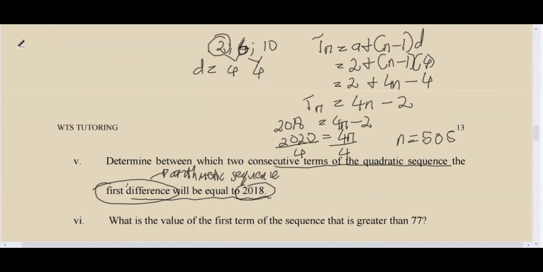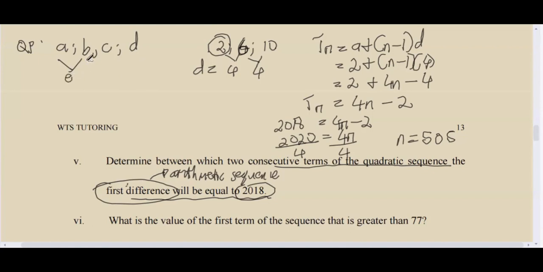If we have the quadratic pattern here, let's say it's A, B, C, and D, right? Now, we do understand that the first term of the first differences will be in between the first and the second term of the quadratic pattern.